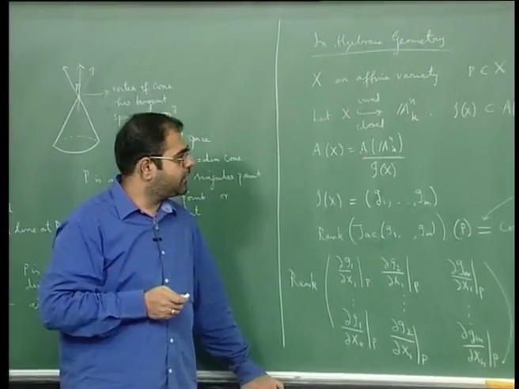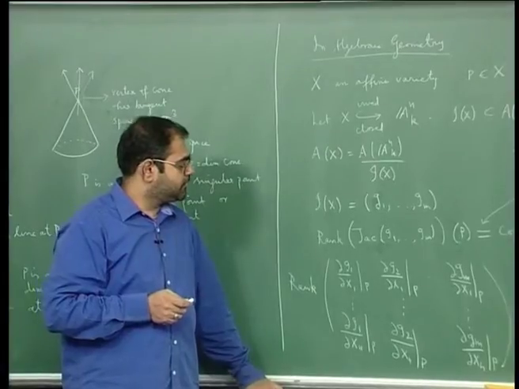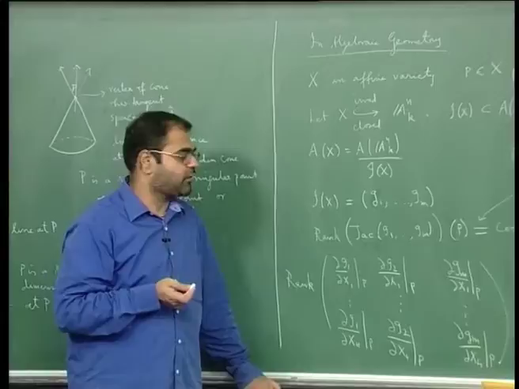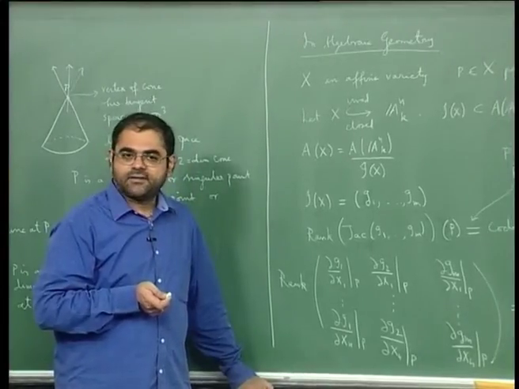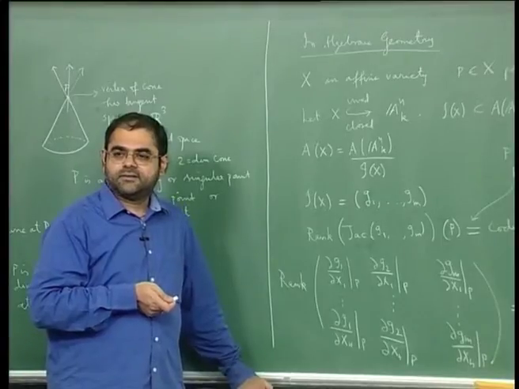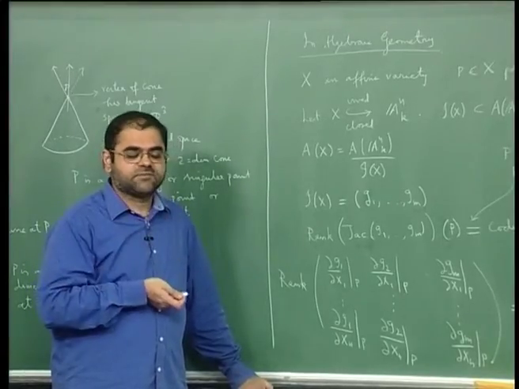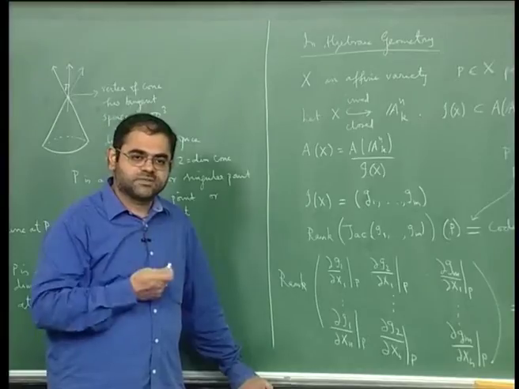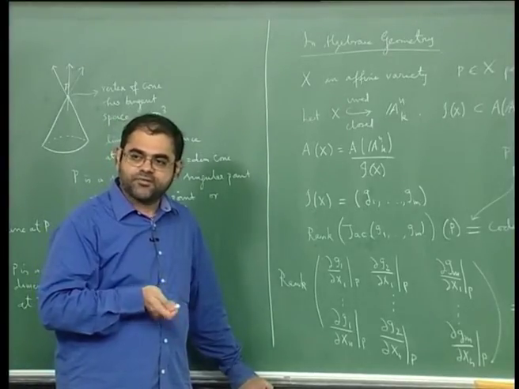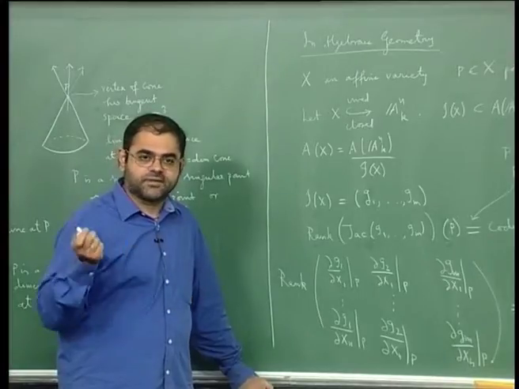Now the beautiful thing about varieties is that they are not always smooth, they will involve singularities. But the set of points which are singular will form a very small subset, whereas the set of points which are not singular will be a huge open set, a dense open set.